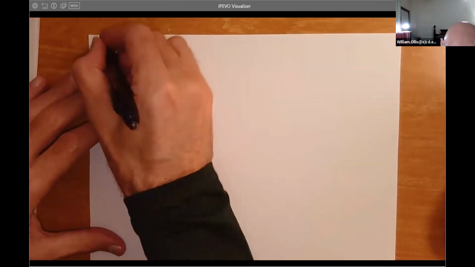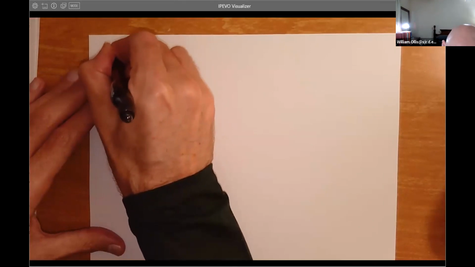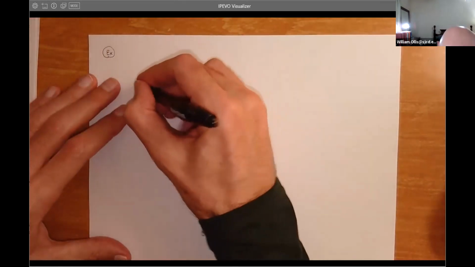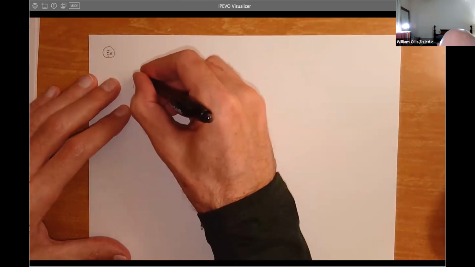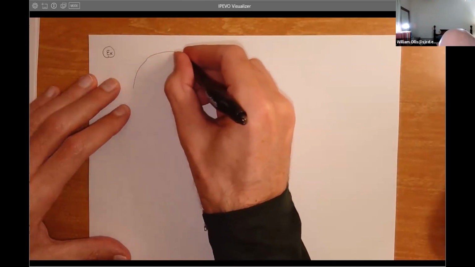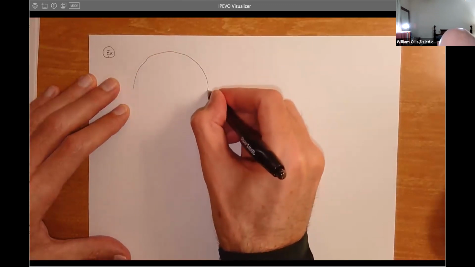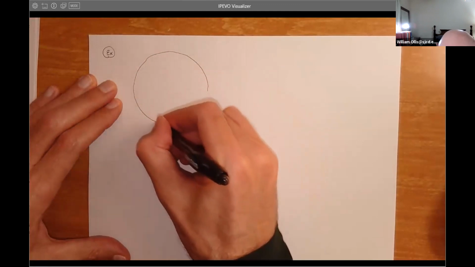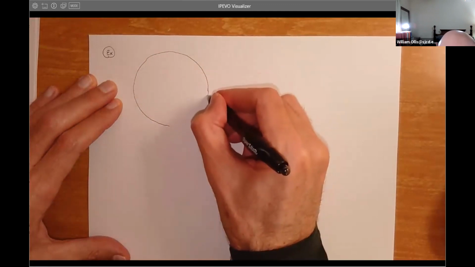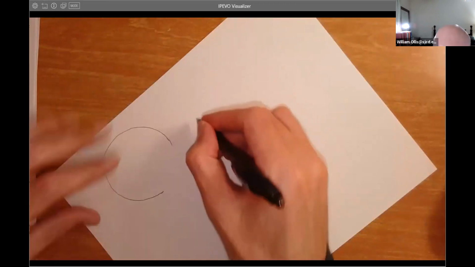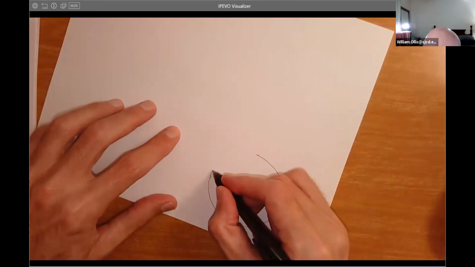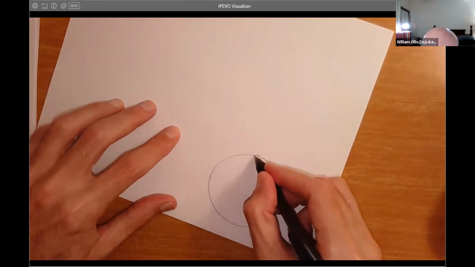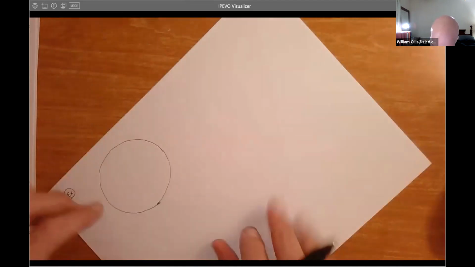Now, let's use this newfound formula. So we've got a circle. Let's see if we can do a freehand circle. There we go.